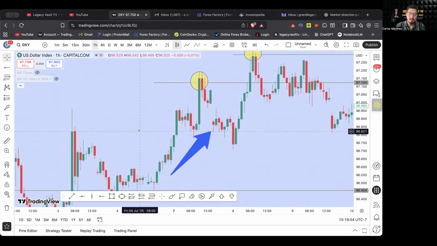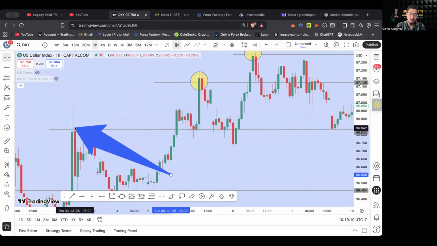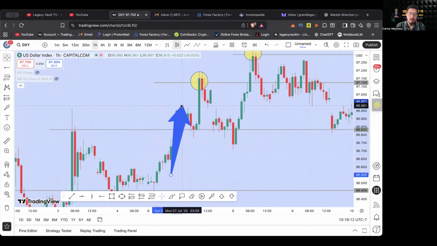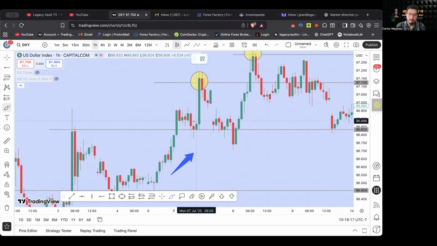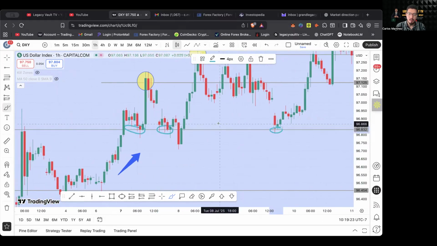And we see another example here. Price broke above this level here. Price broke above, came back down to retest, here, here, and here.